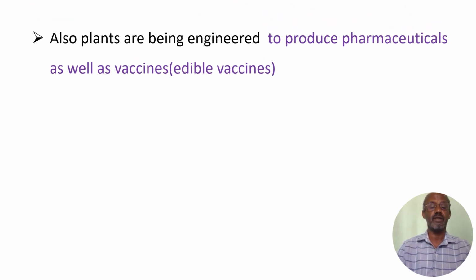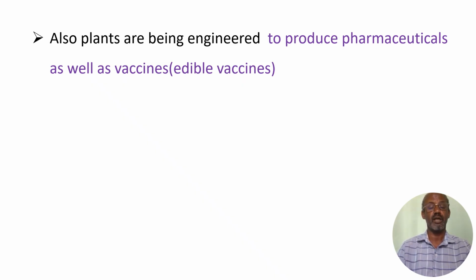Scientists have moved plant engineering further. Plants are being engineered to produce pharmaceuticals or drugs, and we can also produce vaccines, which are commonly known as edible vaccines.